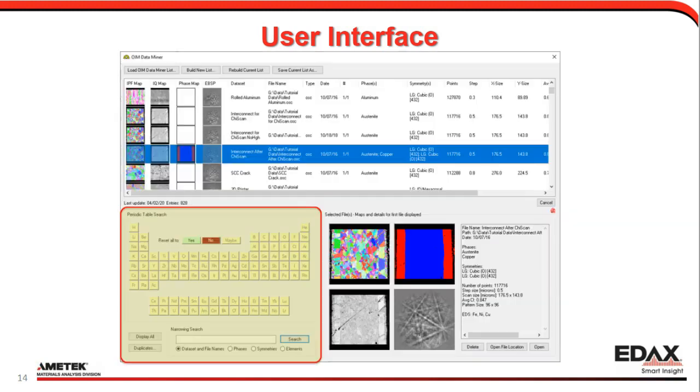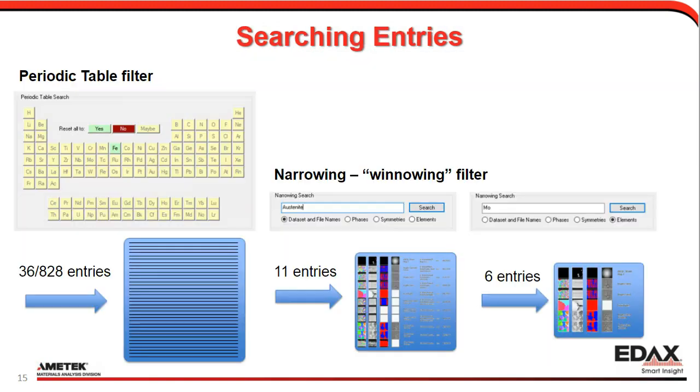There's also a new search engine down here on the bottom left, so you can search by chemistry in our yes, no, maybe type approach. You can also search on the phases, symmetries, elements, and it's a narrowing or a winnowing filter. So if I go look for all the ones with iron, I had 828 entries in this database and 36 of them have iron.